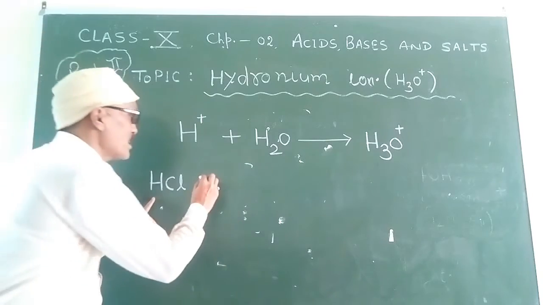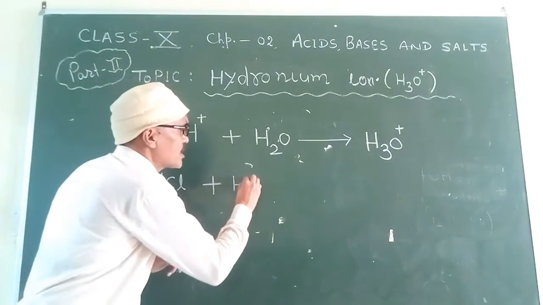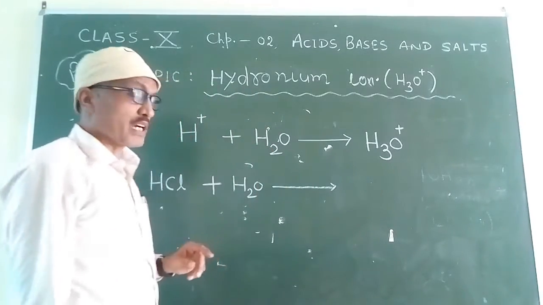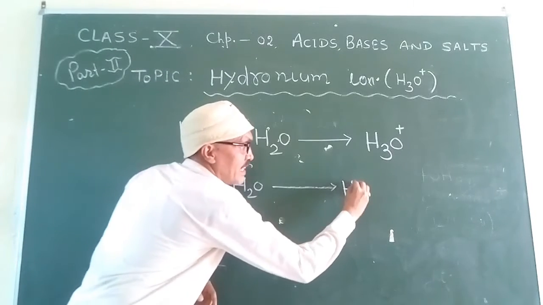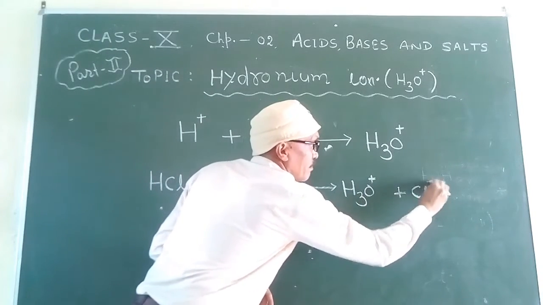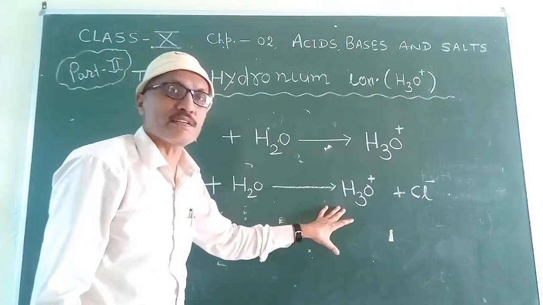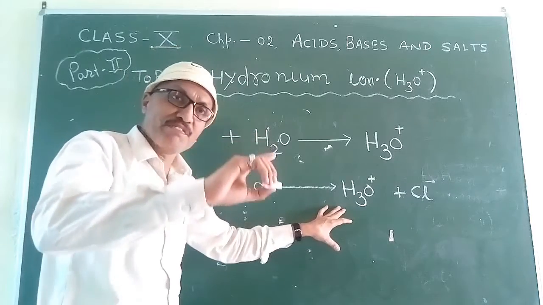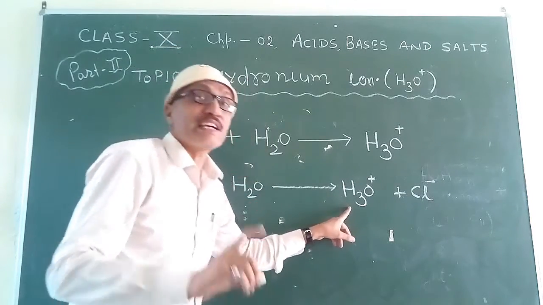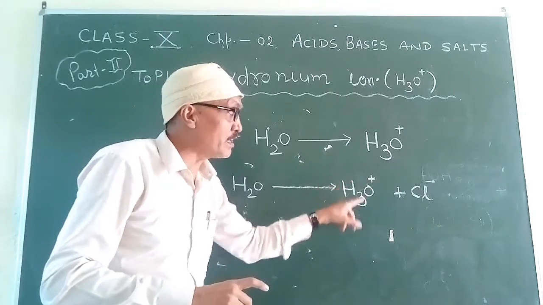Now reaction, how can you write: HCl plus H2O, and the product will be H3O plus Cl minus. This is the correct representation of reaction. In my previous class, I wrote here H plus ion, but here I am writing H3O plus.